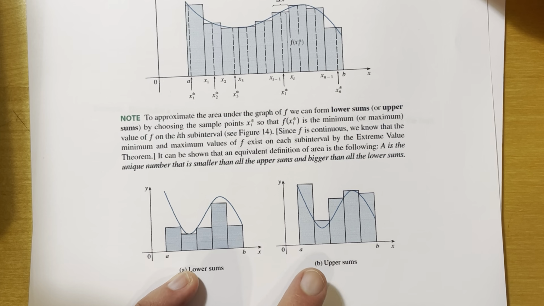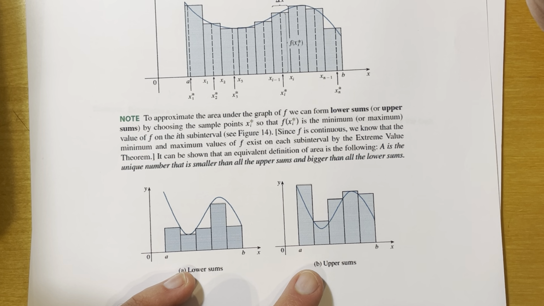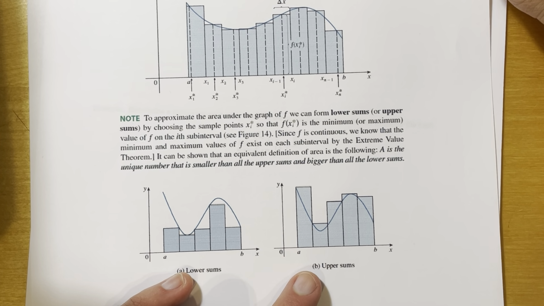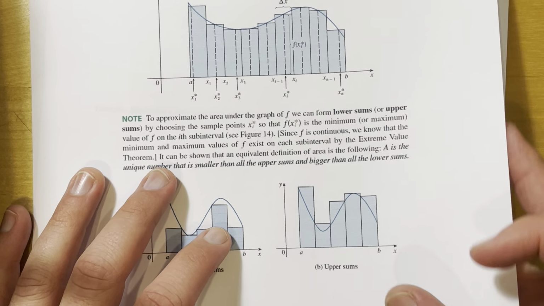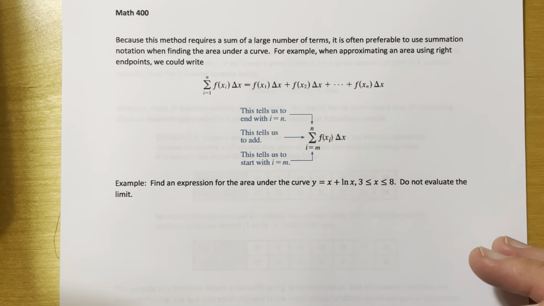The idea of a lower sum and an upper sum is of more theoretical importance. For our purposes, we will mostly be dealing with right endpoint or left endpoint rectangular approximation methods. Later we're going to introduce something called the midpoint method, or the midpoint rule. So that's just for reference, really.